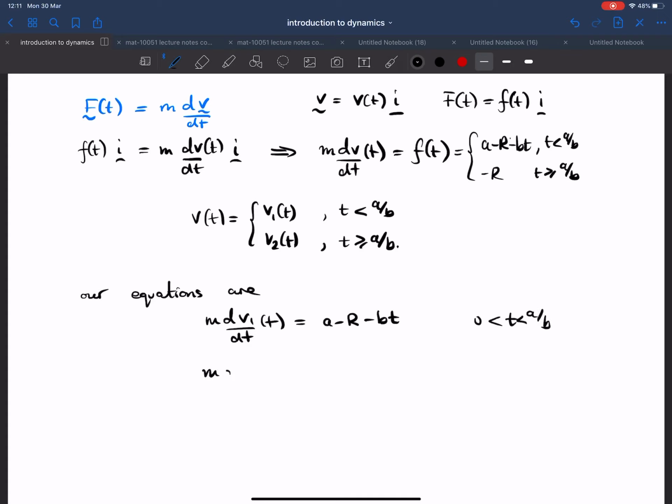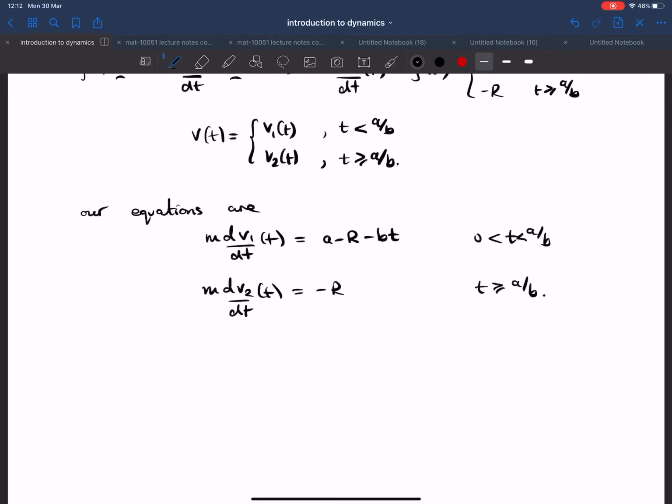Then the second function satisfies this. Now it's up to us to find out what the velocity is and the position vector, etc. So let's do this.